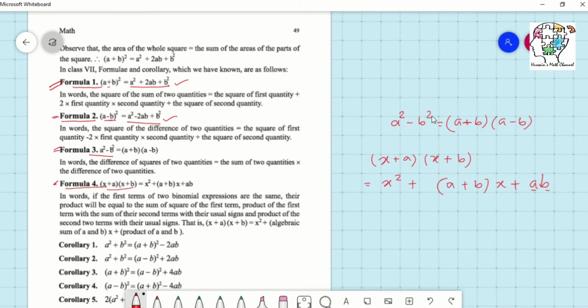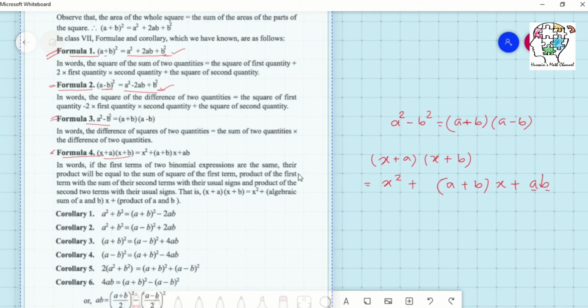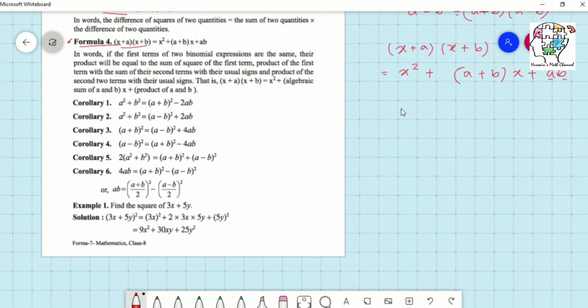And these two formulas, formula 1 and formula 2, are so important that we can make some corollaries from using these formulas. In your textbook page number 49, you can get the 6 corollaries here.